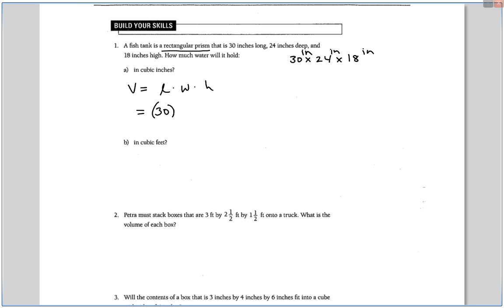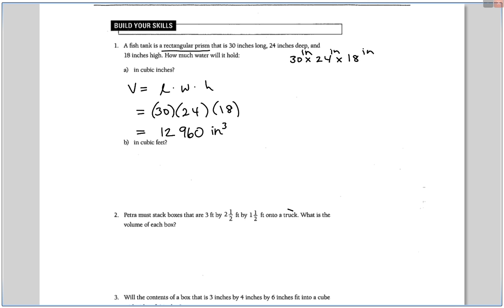So 30 times 24 times 18. Since they're all inches, inch times inch times inch, you get inch to the power 3, which we call cubic inch, and we write it like that.